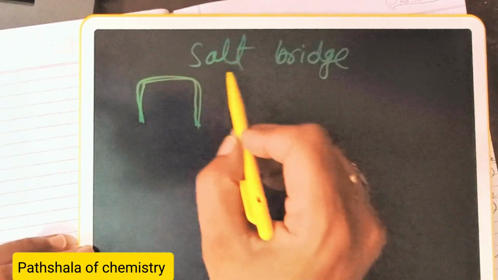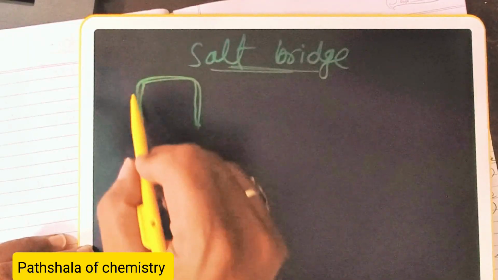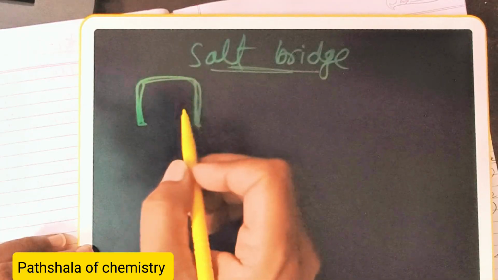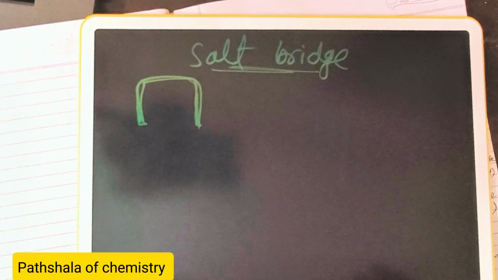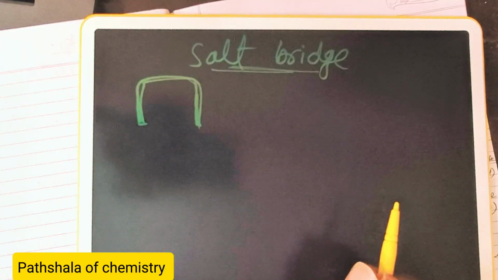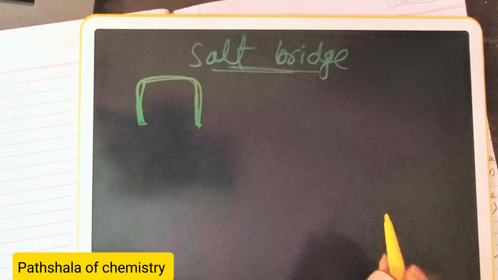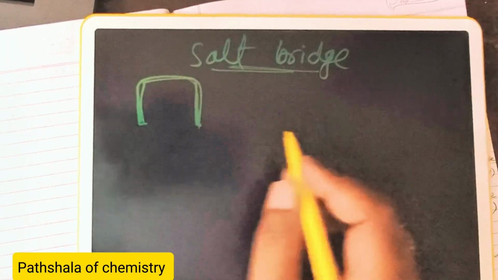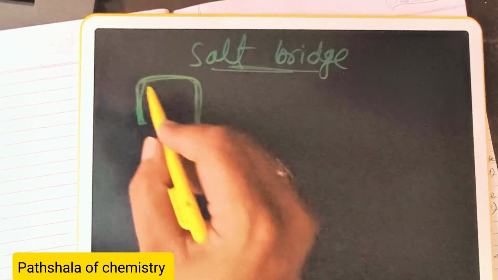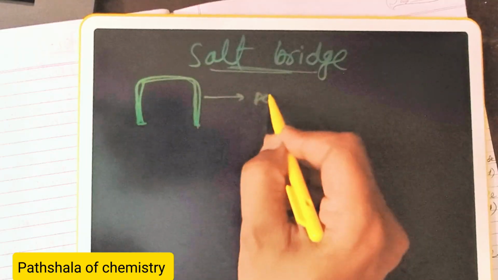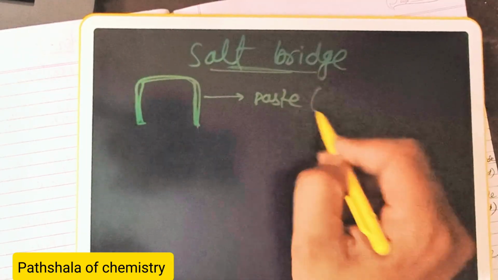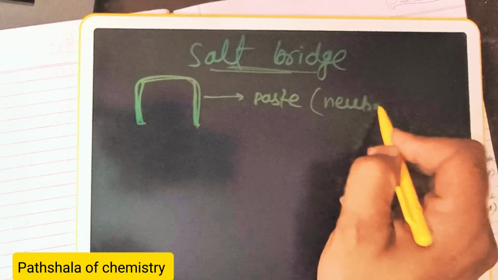Salt bridge. Salt bridge is an inverted U-shaped tube placed in a zinc copper electrochemical cell, or you can say in the Daniell cell. This U-shaped tube is filled with a paste of a neutral electrolyte.